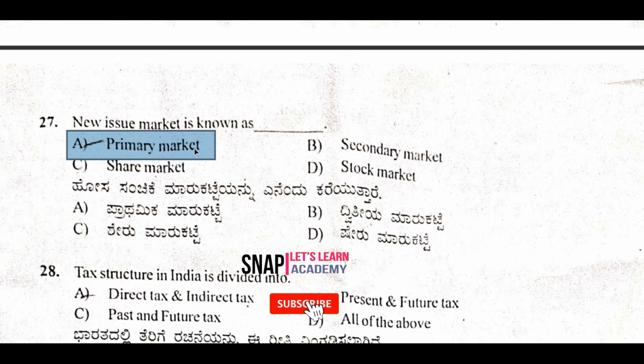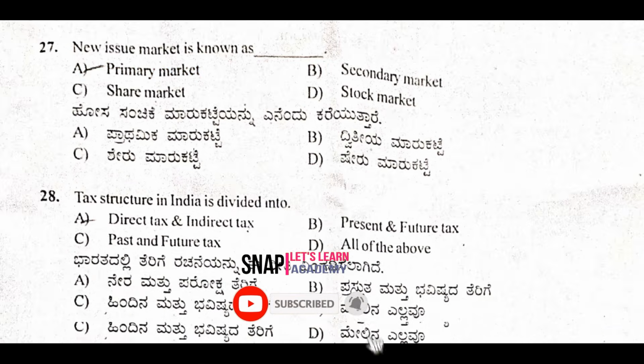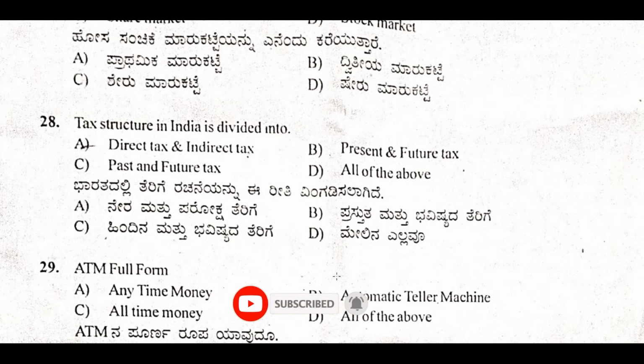Question number 28, tax structure in India is divided into. In India, the tax structure is divided into option A, direct tax and indirect tax, or option B, present and future tax, or option C, past and future tax, or all of the above?